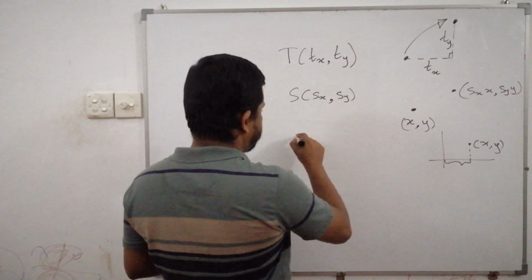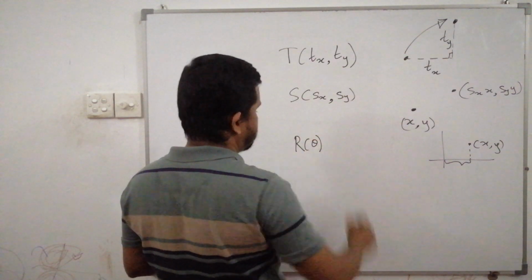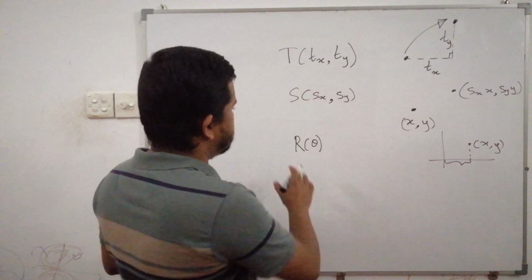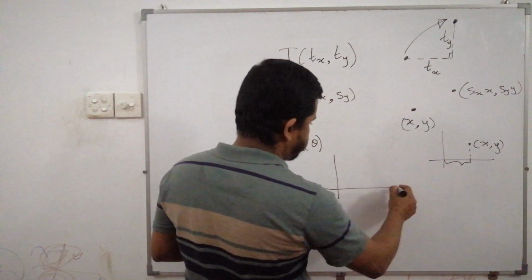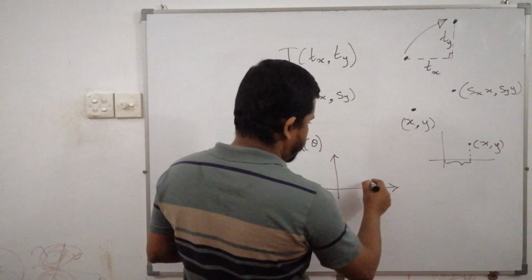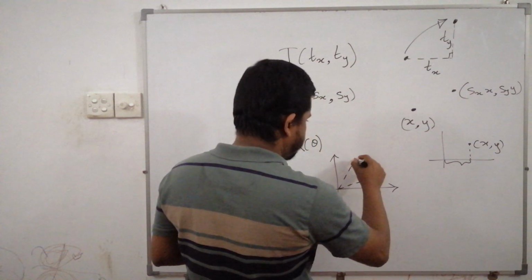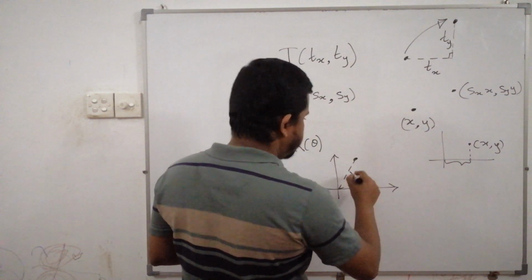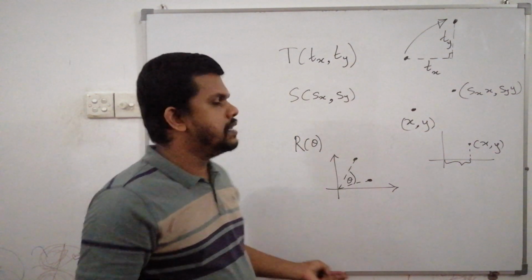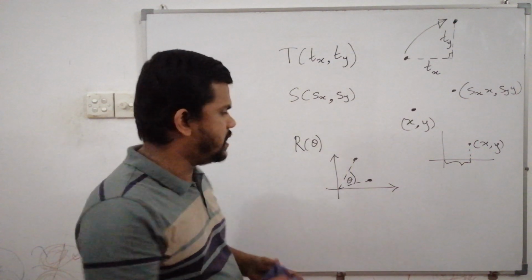Now we discussed R of theta. This is rotation. We measure theta in the anti-clockwise direction.